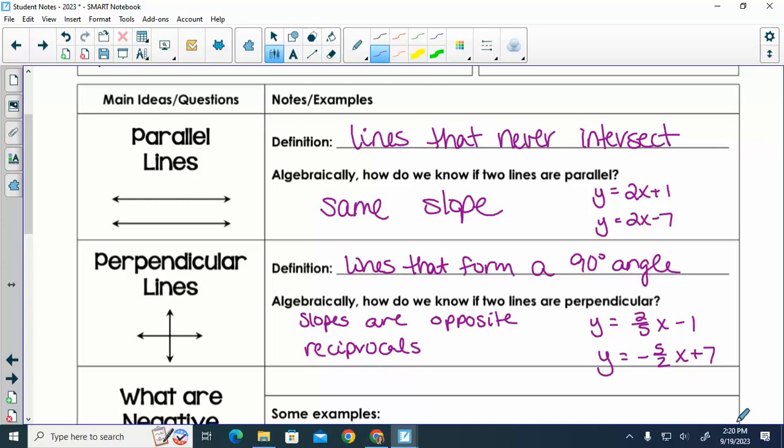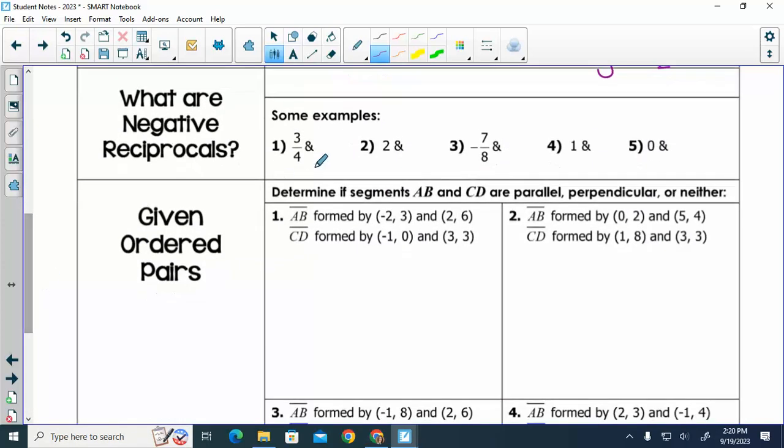All right. So the first thing I want to do is just practice what we mean by those opposite or negative reciprocals. So if I said 3/4, what would the opposite reciprocal be? Negative 4/3. Flip it and change the sign. Both parts.